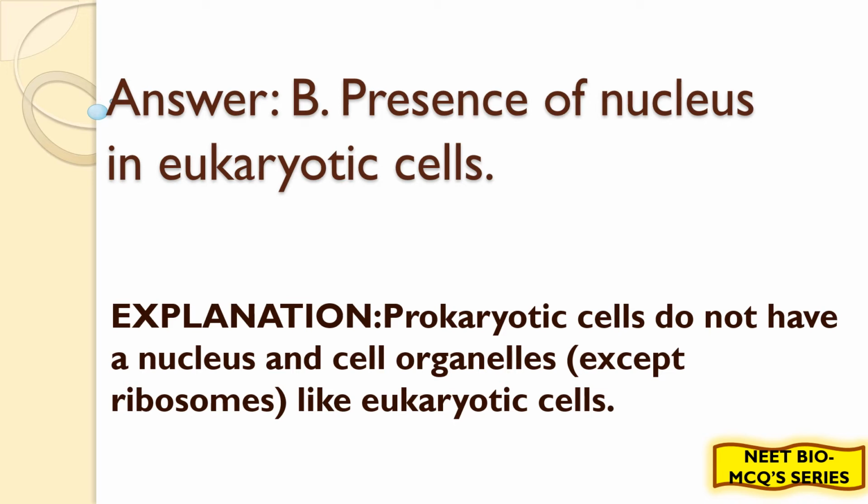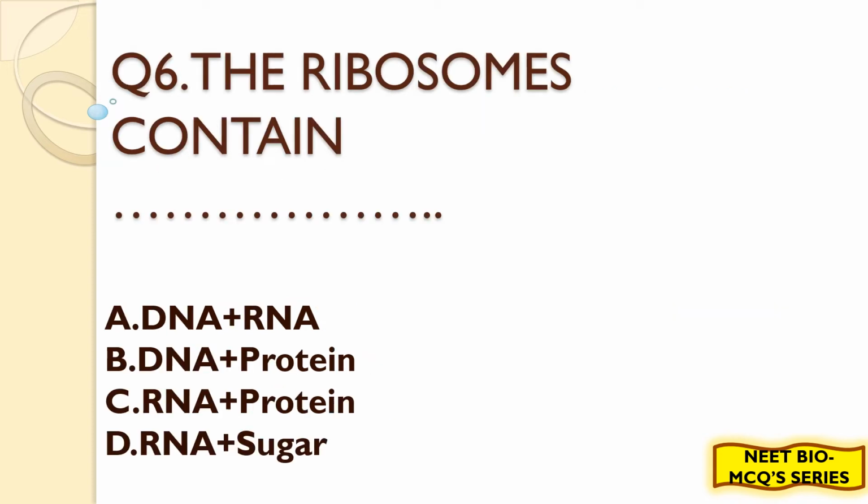Explanation. Prokaryotic cells do not have a nucleus and cell organelles except ribosomes like eukaryotic cells. Question 6. The ribosomes contain A. DNA plus RNA, B. DNA plus protein, C. RNA plus protein, and D. RNA plus sugar.